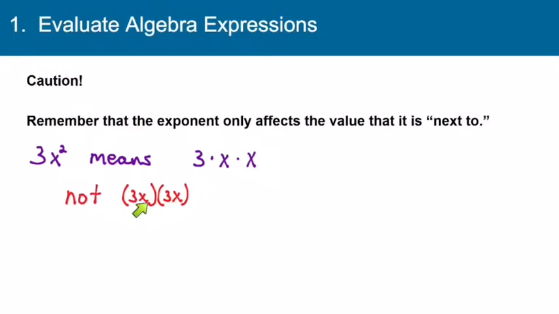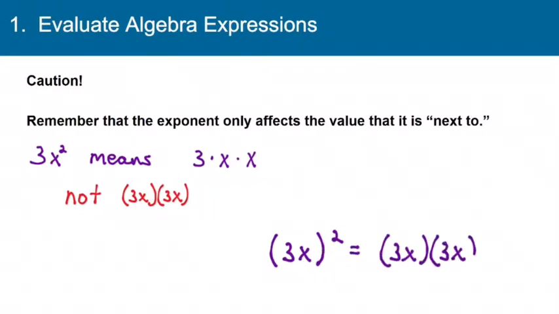If you wanted an expression to mean 3x times 3x, you would need to put the 3x in parentheses and put the exponent there to get 3x times 3x. So you see the difference? This one has parentheses, so everything in the parentheses gets repeated. This one does not have parentheses, so only the x gets repeated.